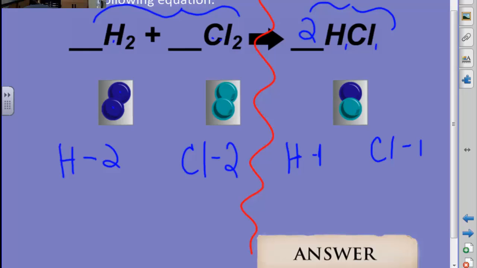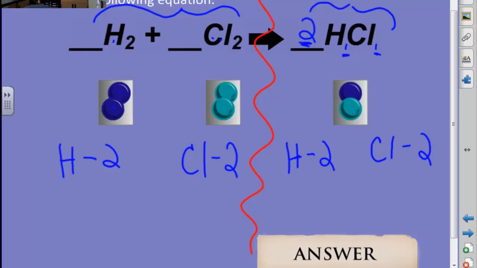And so I'm going to recount my atoms on this side. Remember, I multiply the coefficient, this number, by the subscript. So 2 times 1 gives me 2 hydrogen atoms. But since it's a molecule, you have to multiply that 2 by everything in that molecule. So also multiply the 2 again by the 1 for chlorine. So 2 times 1 gives me 2 chlorine atoms now.